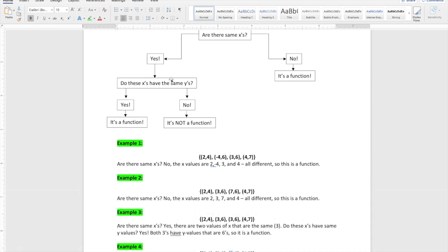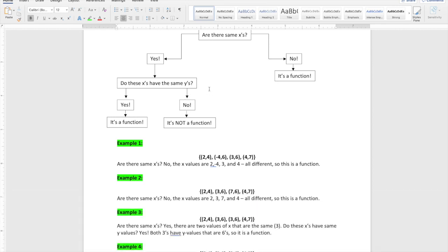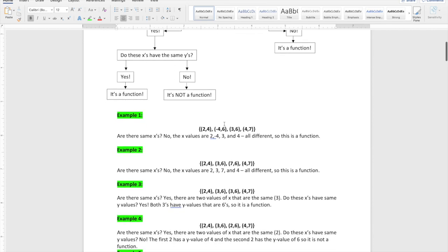Do these x's have the same y's? Well, let's check. The first 2 has a y that's a 4. The second 2 here has a y that's a 6. So the answer is no, they do not have the same y's, meaning it's not a function.